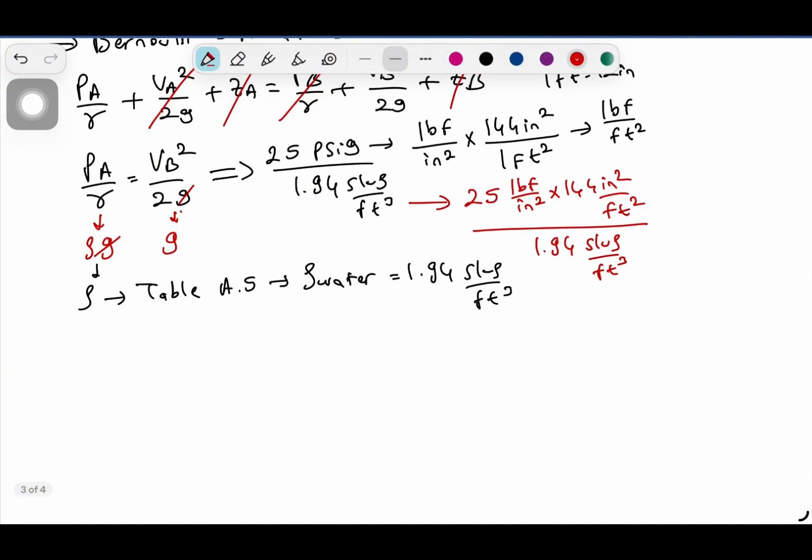And from here, we can find velocity. This is equal to V square over 2. And from here, we can get exit velocity as 60.92 feet per second.